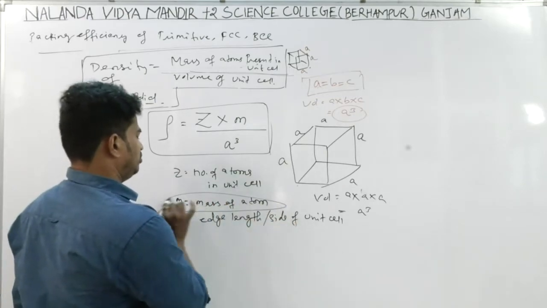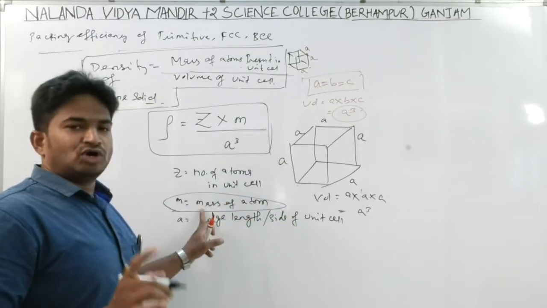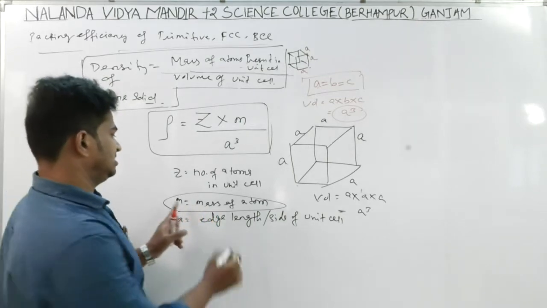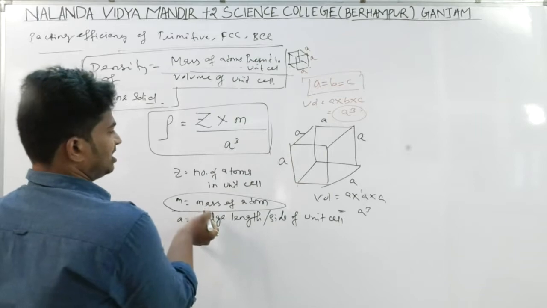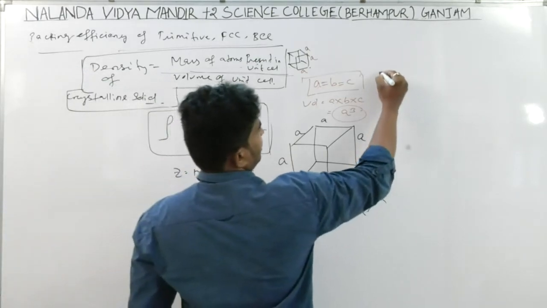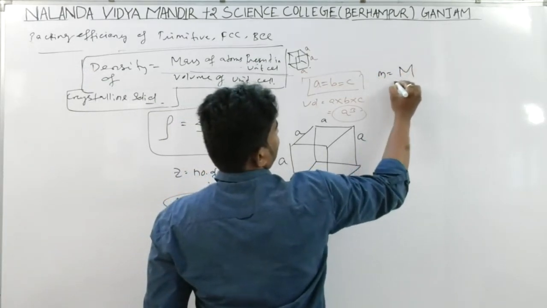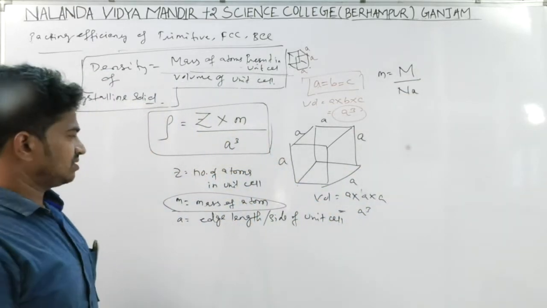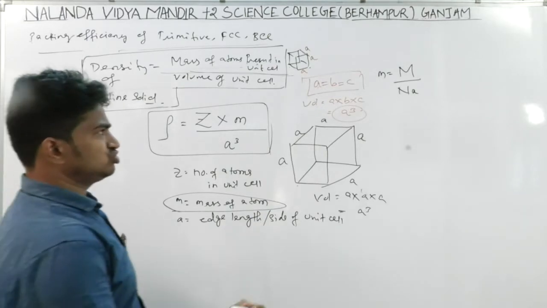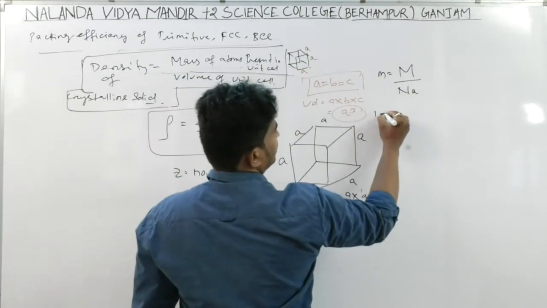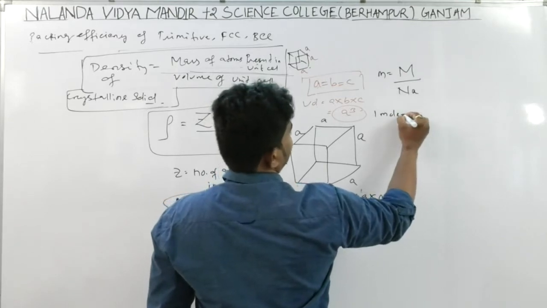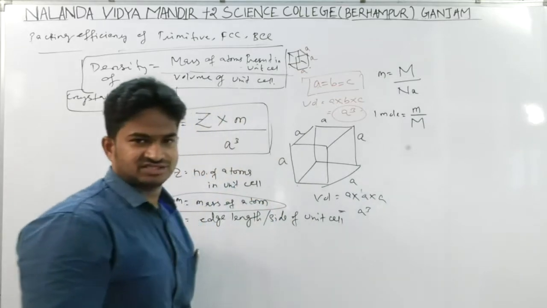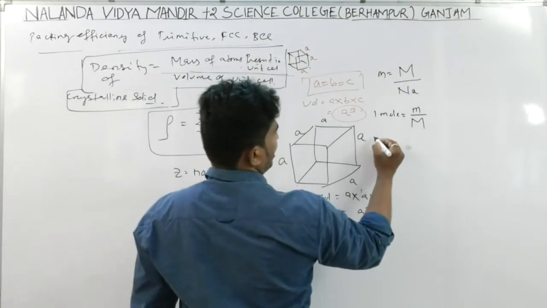If we would like to use the molecular mass of each atom, then instead of small m, we can write m equals capital M divided by Avogadro's number. Why is it so? Because one mole is mass divided by molecular mass.